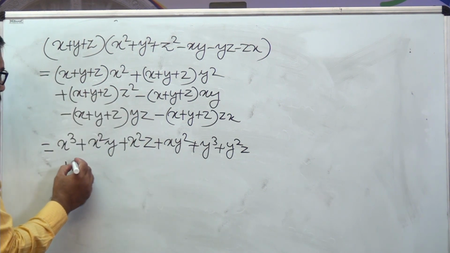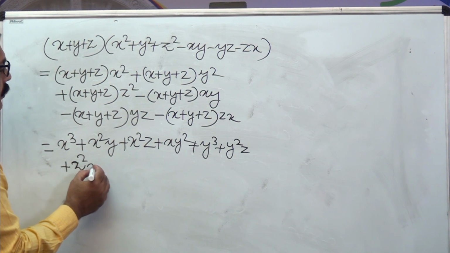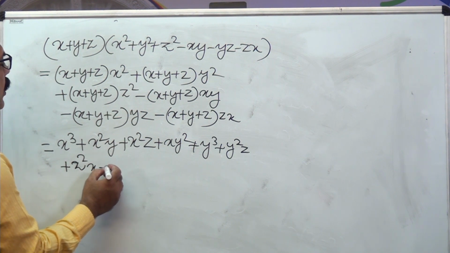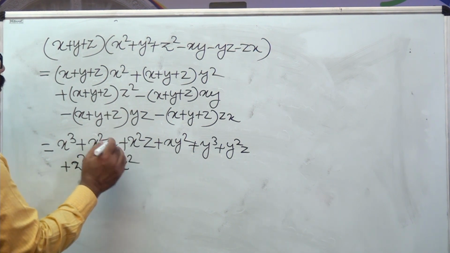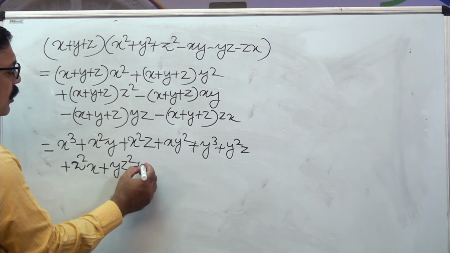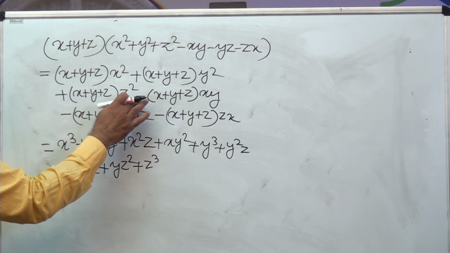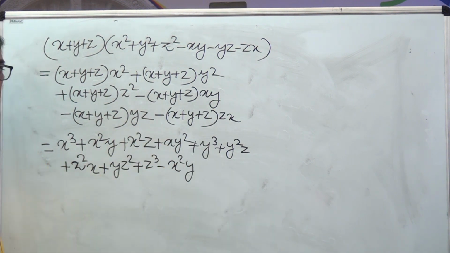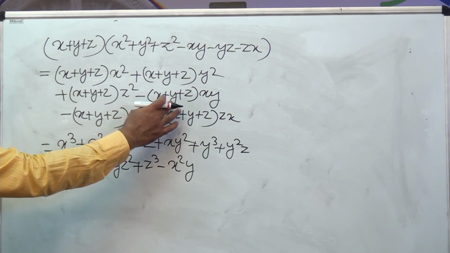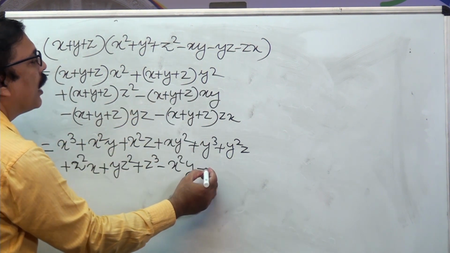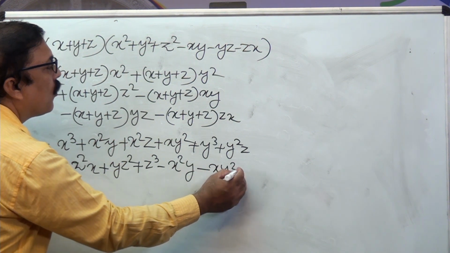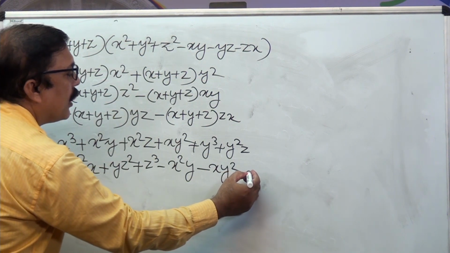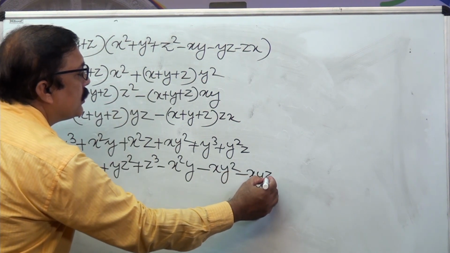We have z square x, then y into z square, we can write plus yz square. z into z square gives z cube, minus x into xy gives minus x square y, minus y into xy gives minus xy square, minus z into xy gives minus xyz.